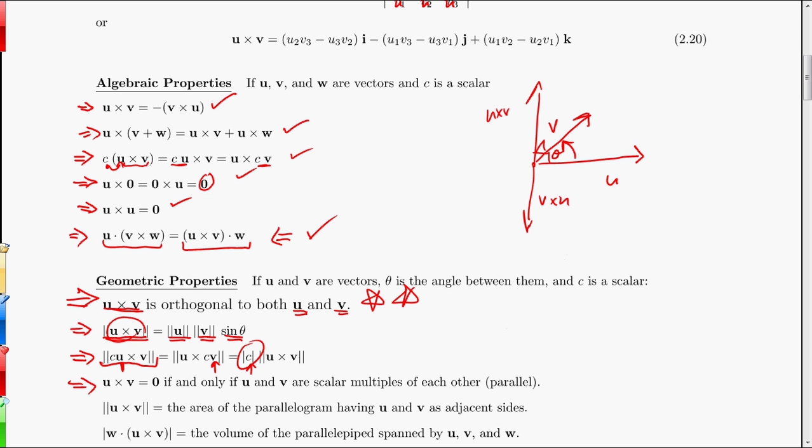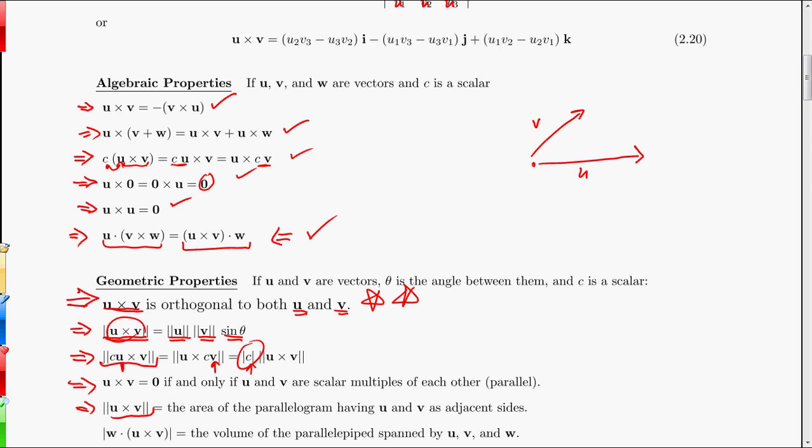And the area, not the area, sorry, the magnitude of U cross V. Let me go back up to here if I can erase just what I need to erase. Otherwise, I'll just erase everything. Okay, so this one was U, and we'll call this one V. Right?